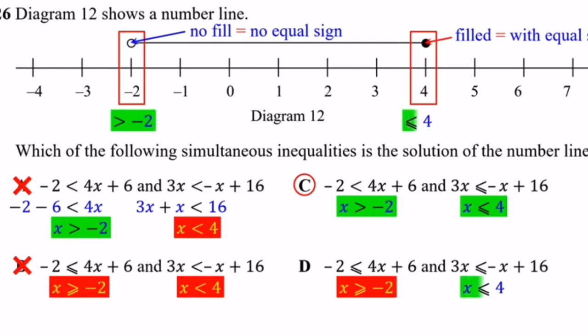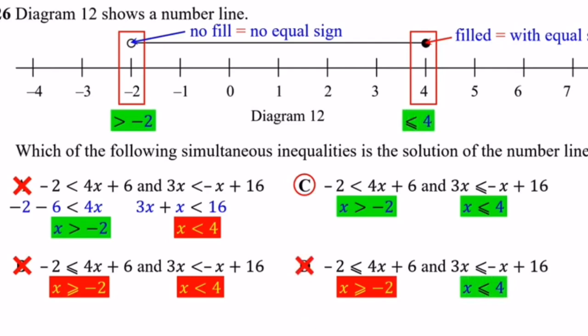For your information, when there is a circle without fill, it's empty, so you must make sure you don't include the number. There's no equal sign. When it is filled, darkened or shaded, then you have to put the equal sign. That means you have to take in the number there, as for example here, we have to take in the 4.